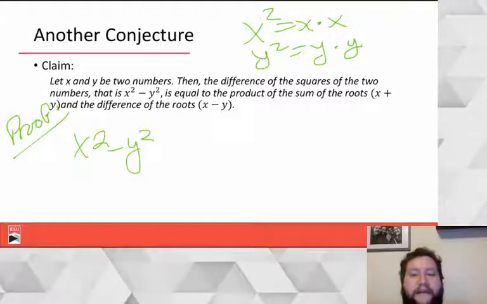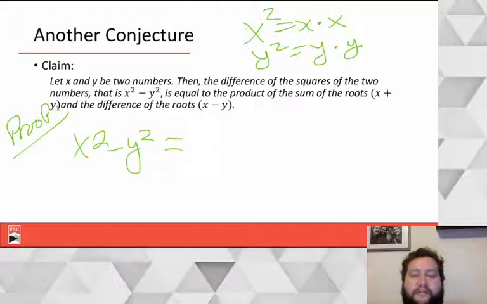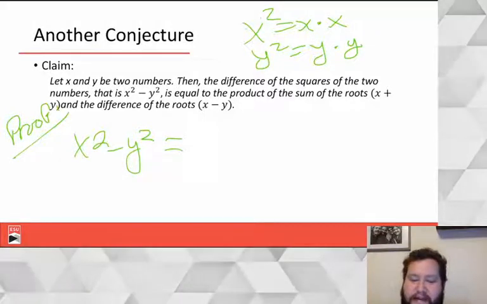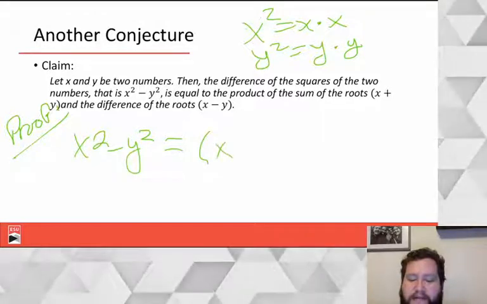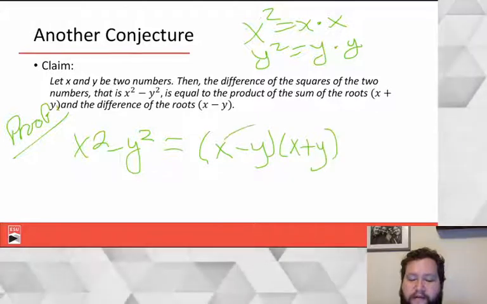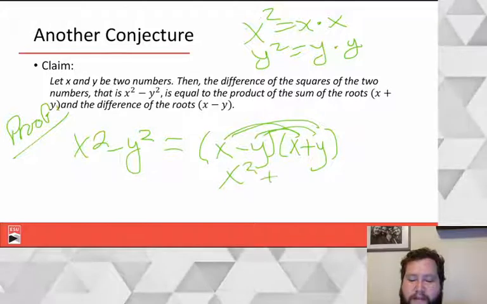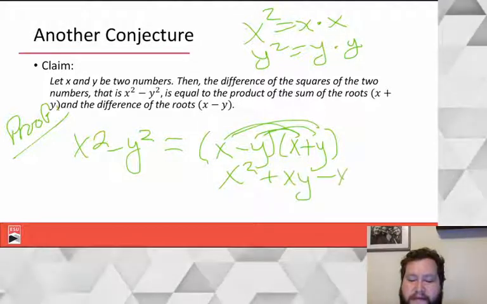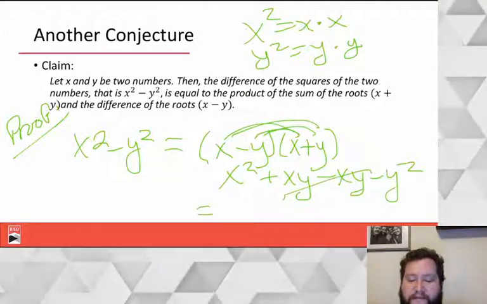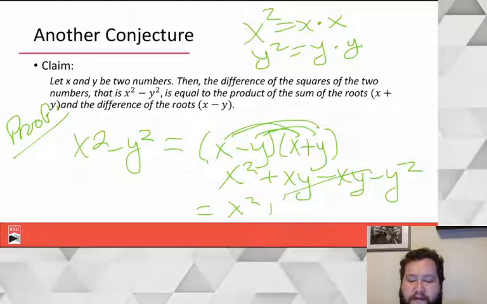And now we can think back to some algebra or pre-calculus, where we had this, and what we end up seeing is that x minus y and x plus y, when we multiply those out, we get x squared plus xy minus xy minus y squared. And we have xy minus xy, and that's our x squared minus our y squared.